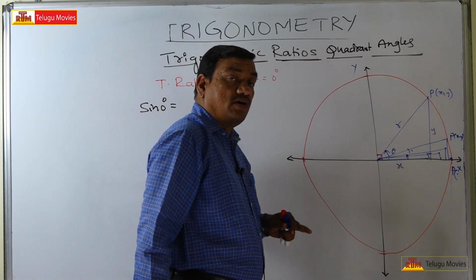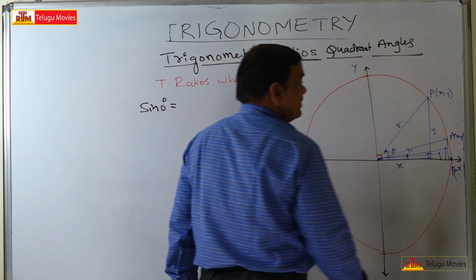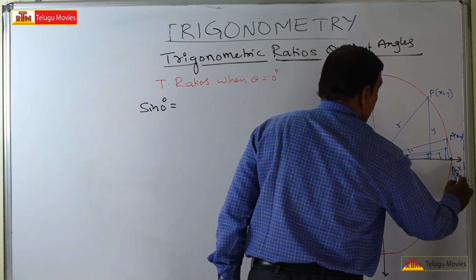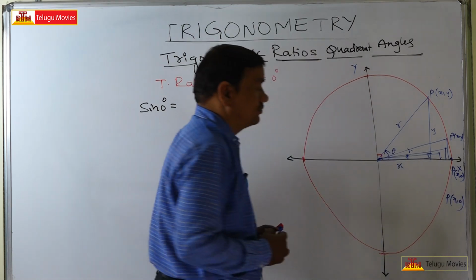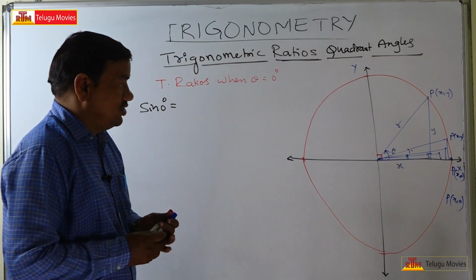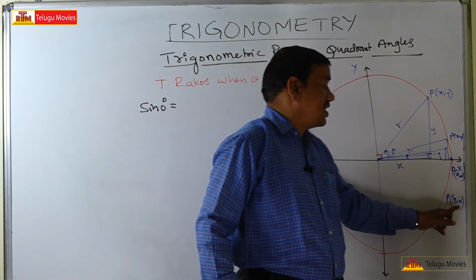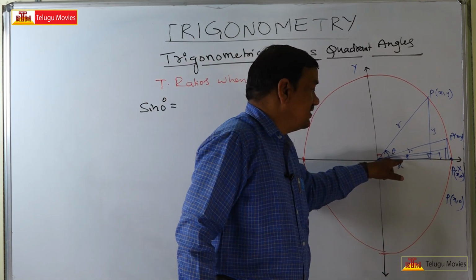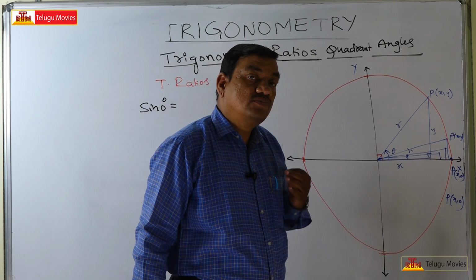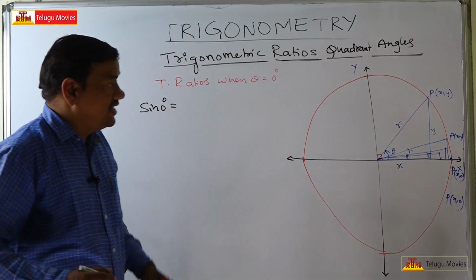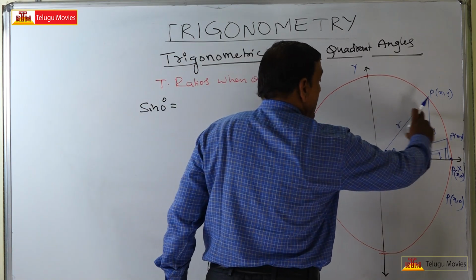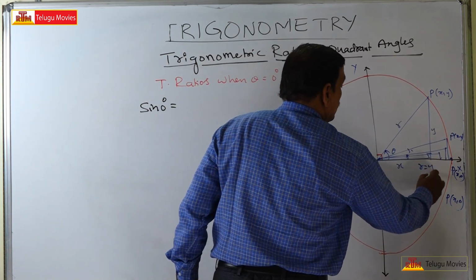That it lies on the x-axis means what? The x coordinate is x, the y coordinate is 0. That means P(x, 0). If P(x, 0) is there, then this angle theta will become 0 degrees. One more thing you have to observe is that here the r value and y value both will coincide.